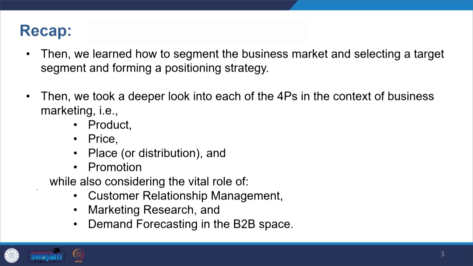Then we discussed the 4 P's of marketing, especially in the B2B market. Then we talked about customer relationship management, how marketing research helps in the entire decision making process, demand forecasting in B2B, and even segmentation, how you segment the B2B buyer. So, all these things we had done.